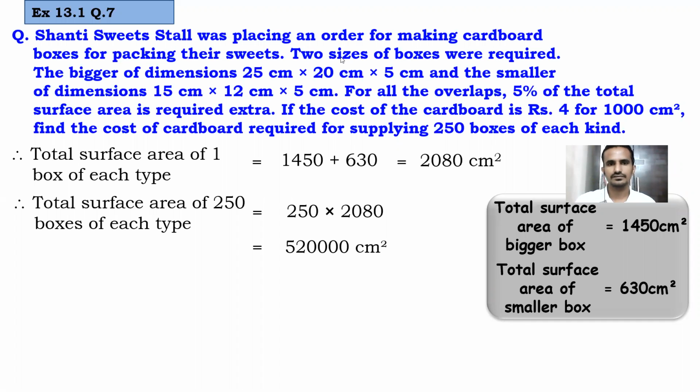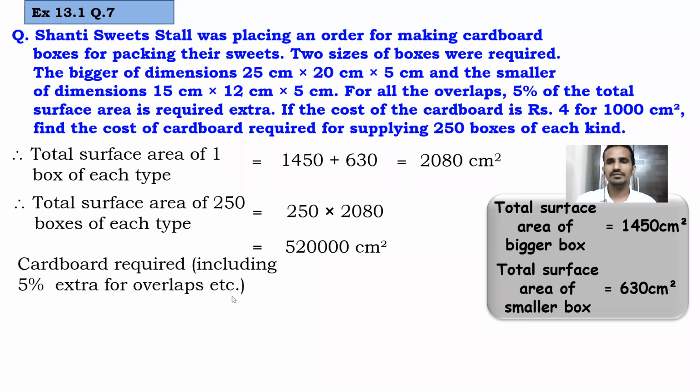Okay, so we need 5% extra. It is mentioned in the question, we want 5% extra. Now we know that 5,20,000 is the cardboard required, and we need 5% extra also. So the total cardboard we should order is 5,20,000 plus the 5% extra.